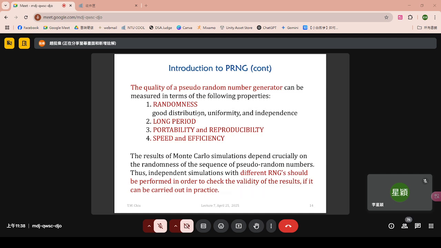If it requires high precision, then different sequences may give you slightly different results, so use a different random number generator to cross check your result.